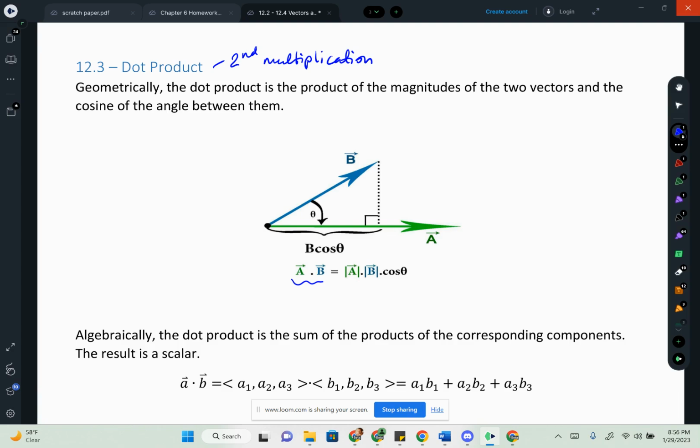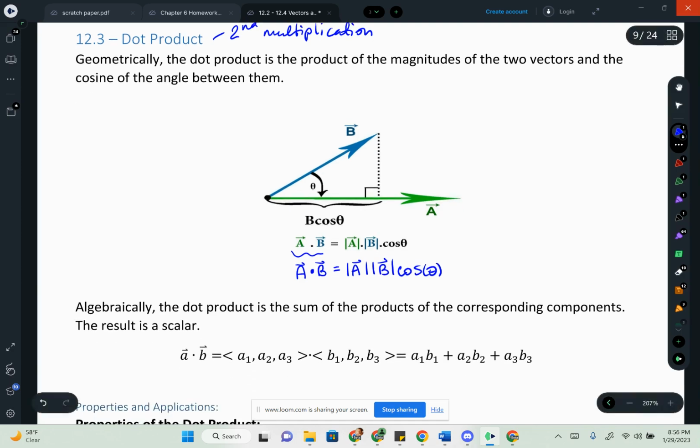Now this notation used right here in this little blurb is a little bit off because it's showing the dot product down low, and it should be something directly between two vectors. Okay, so here's what we should be seeing. So that means that if we were given the magnitude of two vectors and we knew the angle between the two vectors, we could calculate the dot product of the two vectors.